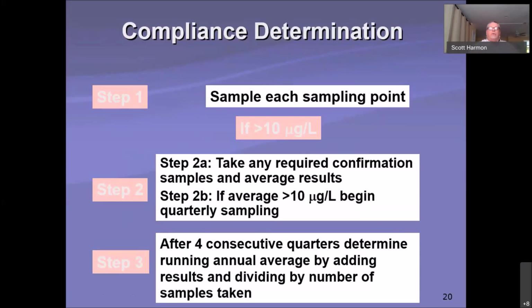After 4 consecutive quarters, determine the running annual average by adding the results and dividing by the number of samples taken. If you're interested in the math portion of this, come to my math class in June, and we'll talk about it. But the compliance determination rules that came about in the early 2000s led to many of the different types of treatment systems that we are currently operating in the Maryland, Southern Maryland and Eastern Shore region.